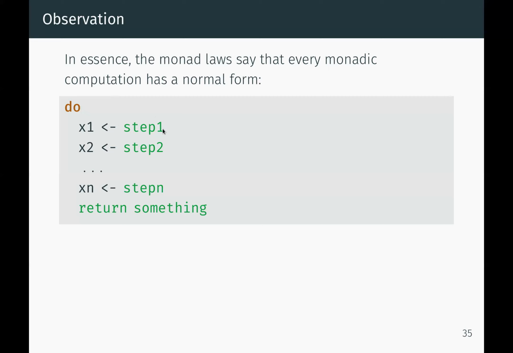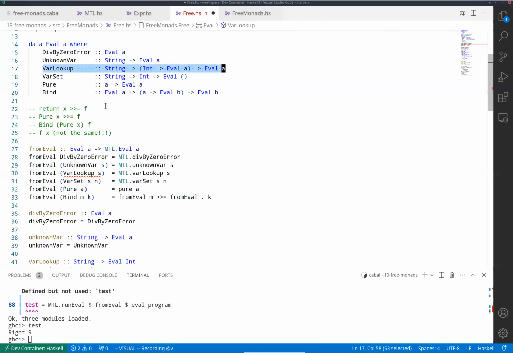If step 1 is var lookup, then we get an int, and using this int, there's this rest. The rest is a function from int, the result of here, to the rest, which is again in the same monad. And that's it. That's the whole program. So we do the first step and the rest. So this is this line.